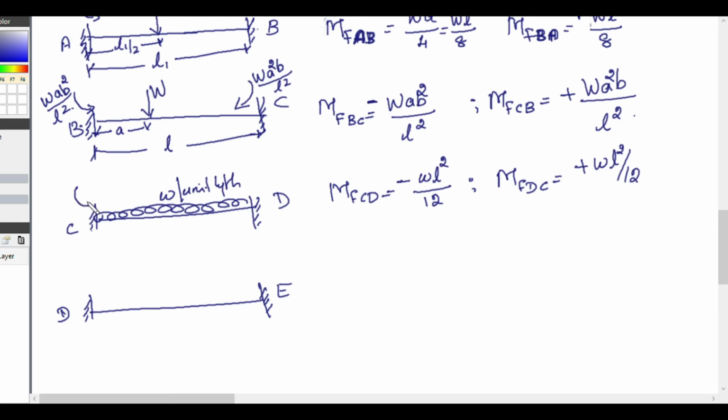So at C you will have minus WL square by 12 and at D we will have plus WL square by 12, that is clockwise. Now here we don't have any loads, therefore our fixed end moments MFDE and MFED will be equal to 0.